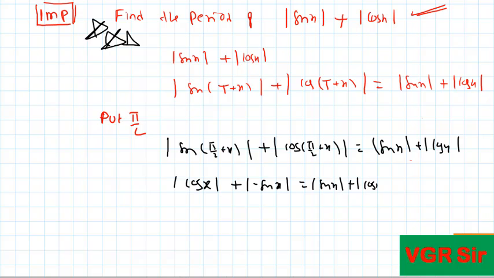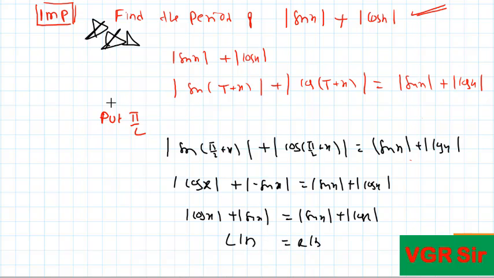See here, sin of 90 plus theta is cos theta, so we get mod cos x, and cos of 90 plus theta is minus sin x, actually mod minus sin x, which is mod sin x. So we got mod of sin x plus mod of cos x. Means LHS equals RHS. So pi by 2 is also satisfying. Pi by 2 is smaller than pi. So pi is satisfying, pi by 2 also satisfying, and this is smaller than pi. That's why pi by 2 is taken as the period of the given function.